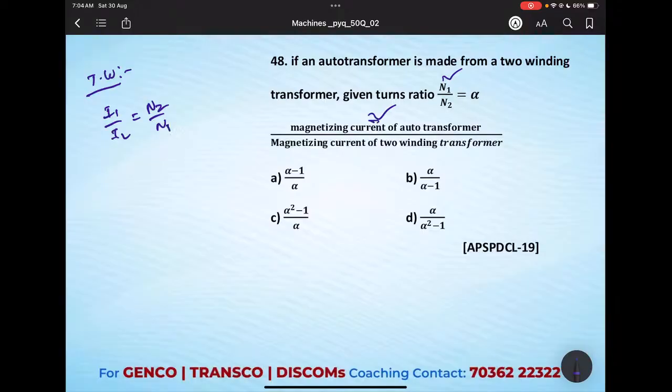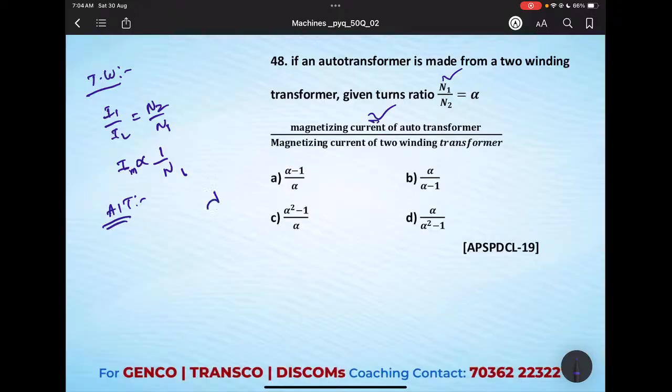From this, what you can write, I is inversely proportional to the number of turns. At no load condition, most of the component will be the magnetizing component. So Im is inversely proportional to N1. Coming to the auto transformer, what is going to happen?